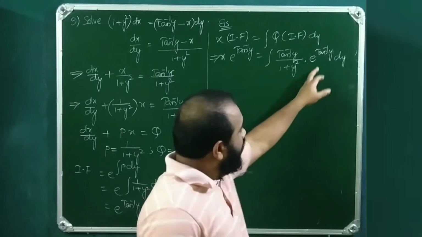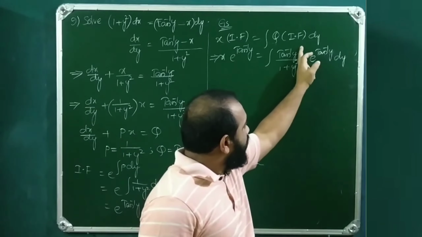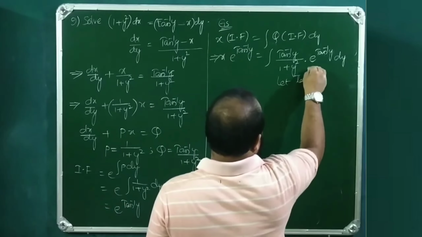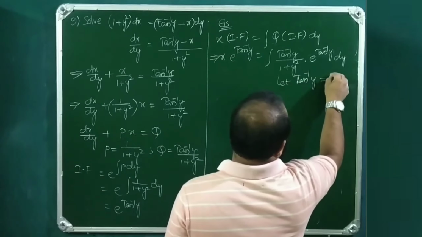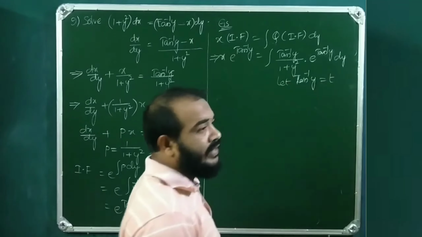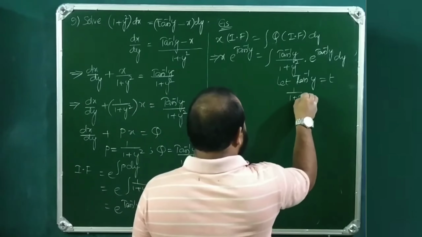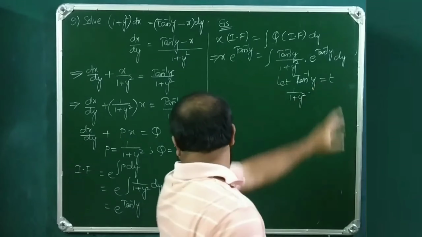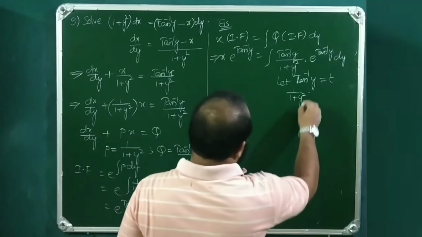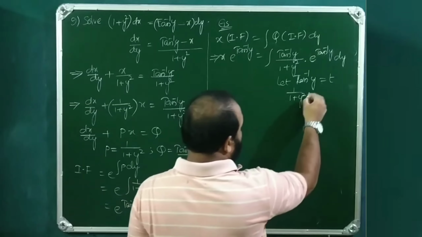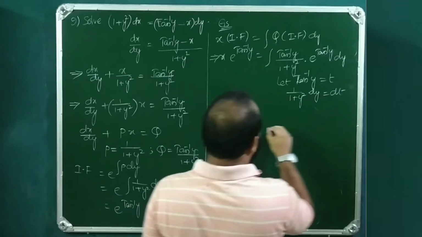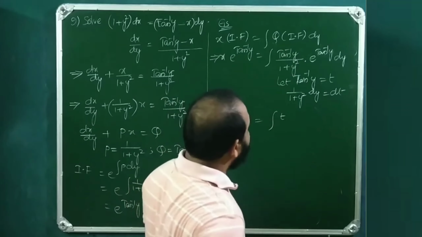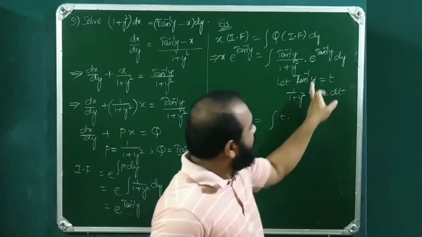The derivative of tan inverse y is 1 by 1 plus y square, for which let us take tan inverse y equal to t. The derivative of tan inverse y is 1 by 1 plus y square with respect to y, so 1 by 1 plus y square dy equals dt. This is equal to tan inverse y, which is t, into e power tan inverse y, which is e power t.